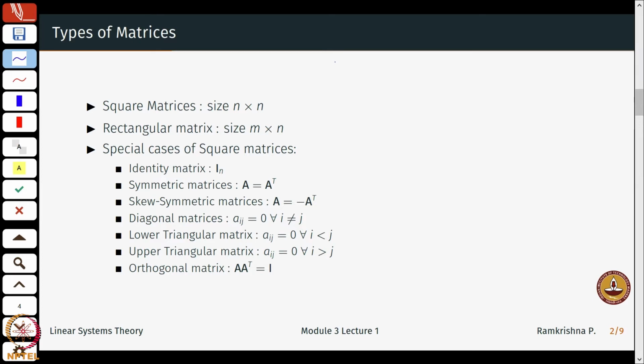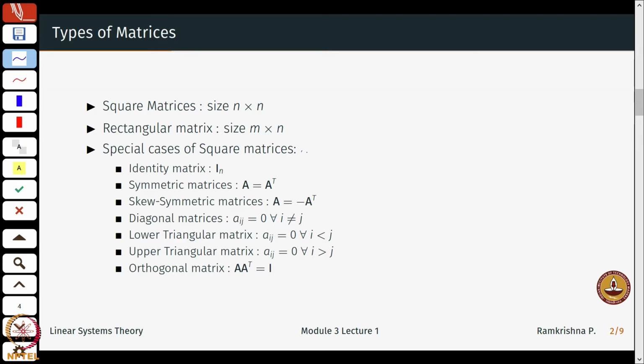A rectangular matrix would be of size m cross n, where m can be less than or even greater than n, so you can have a matrix which has more rows than columns and vice versa. Even though much of our analysis would be restricted to square matrices, we will spend a little more time looking at properties of those.